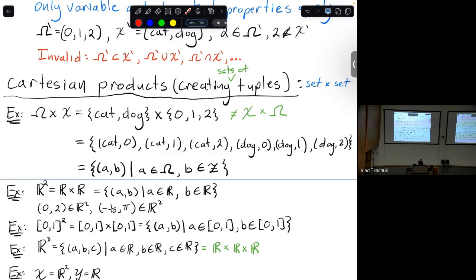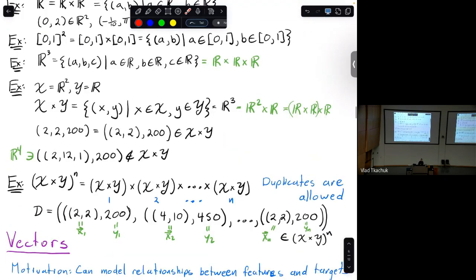And this will be important because we're going to construct all sorts of things that are tuples, such as these feature label pairs. And so the features will be the first part, the first set of features, and then the other part will be the labels. And it's going to matter that the first thing is the features and the second part is the labels. And I guess it looked something like this. The features might be two-dimensional vectors.